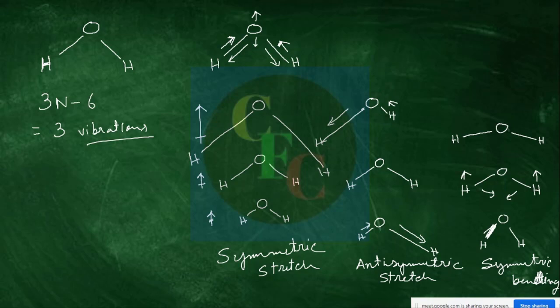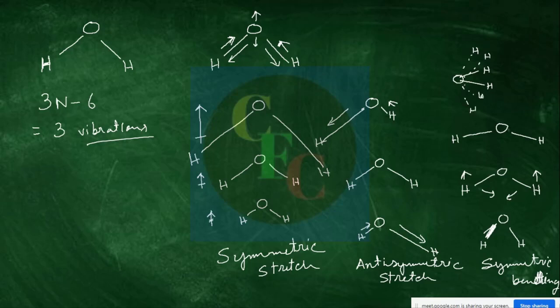Now you can also argue, why not this one? If not in the plane, if the hydrogens go above and below the plane, what will happen? Suppose the hydrogen is here on the plane, and both hydrogens go above the plane or below the plane.